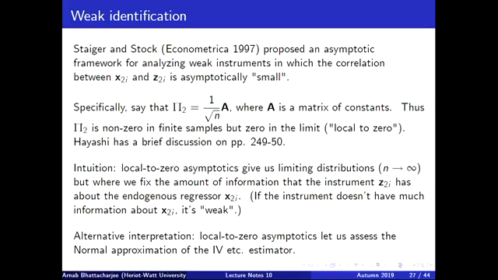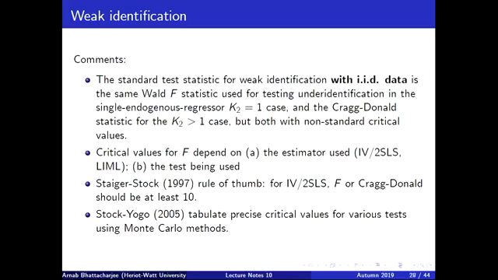So essentially that is local-to-zero asymptotics. The other way of looking at it is that it lets us assess the normal approximation of the IV estimator, essentially. Okay? Let us see how this works.